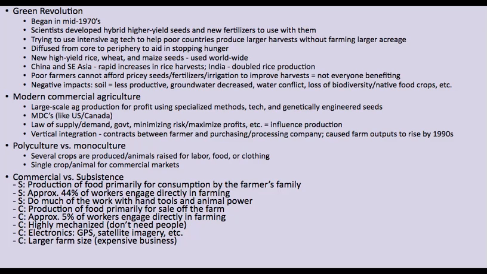again, it's all about profit. It's going to be the modern approach to trying to do this overall. The law of supply and demand, government minimizing risks and profits, it all influences the production of certain goods. And a lot of times in commercial agriculture, there's vertical integration.